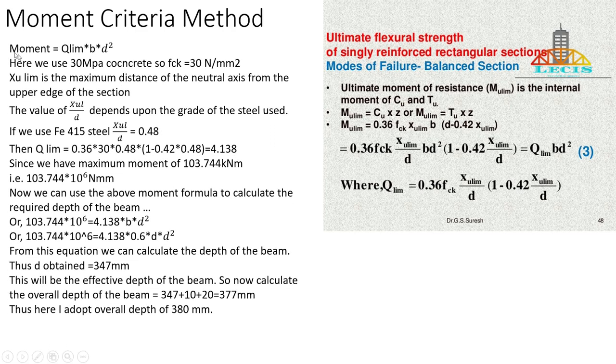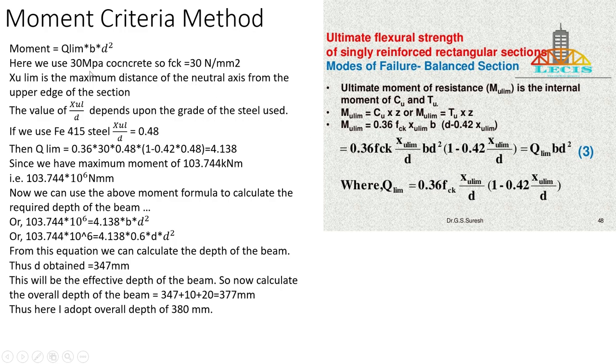We have already calculated the maximum moment at the span of the beam, and we are using the formula moment M equals Q limit times b d square. At first we need to calculate the Q limit value, and for that we need to know fck and xu limit by d. Fck is the characteristic compressive strength of the concrete.